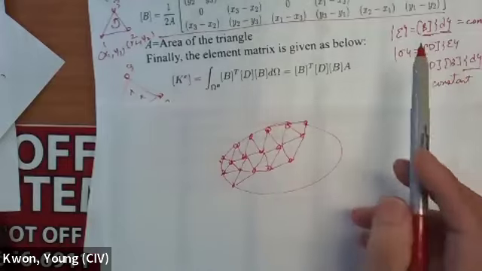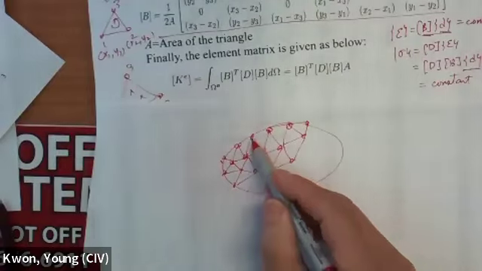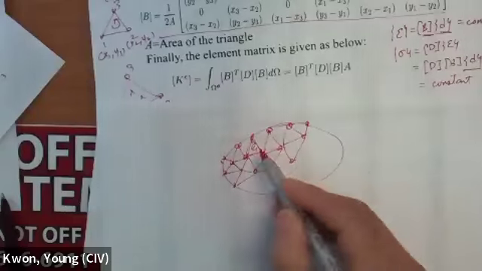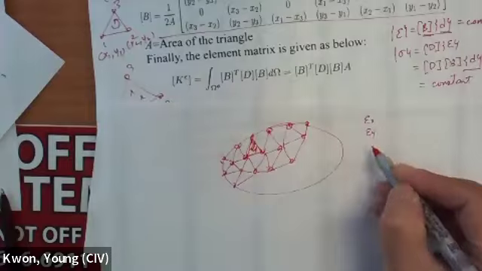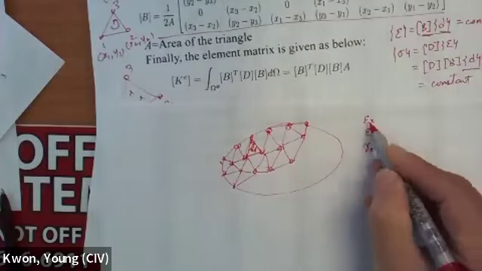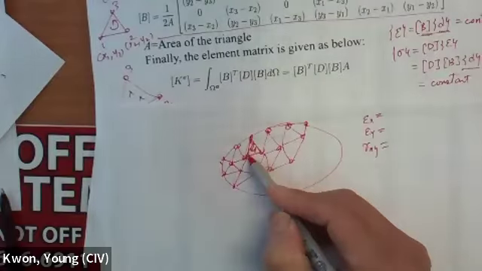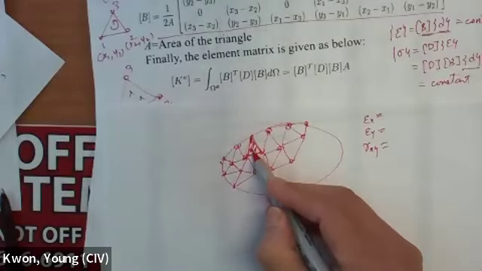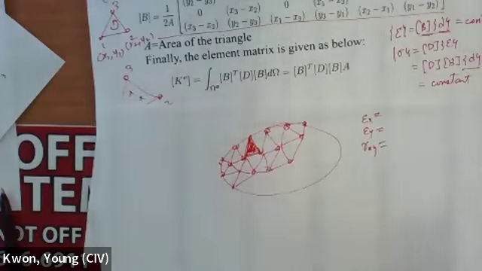But if you calculate strain and stress, then in this element, for example, epsilon x, epsilon y, gamma sub xy, of course they are different from each other, but each is going to be constant within the element. If I take this point or that point, it doesn't matter, everything will be constant inside the element.